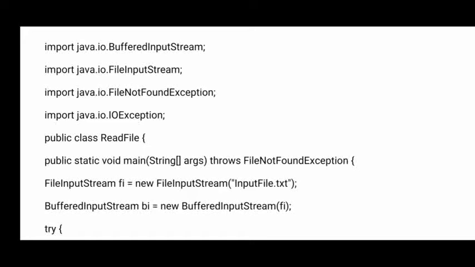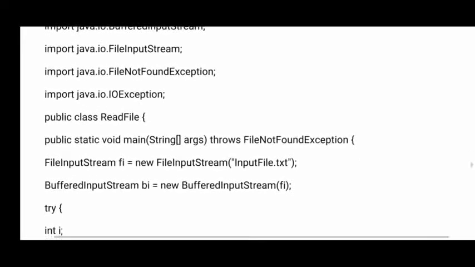The first classes I am including are BufferedInputStream and FileInputStream, because we are taking data from a particular file. If you are expecting or predicting some errors when executing the program, then you need to include the classes that can handle those errors. So those 4 classes I am including here.